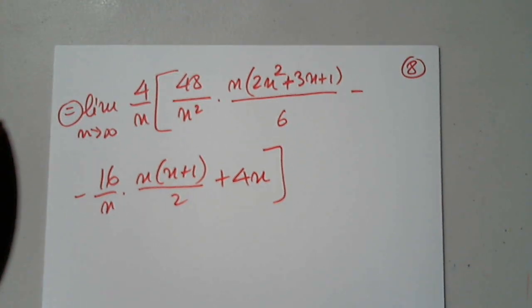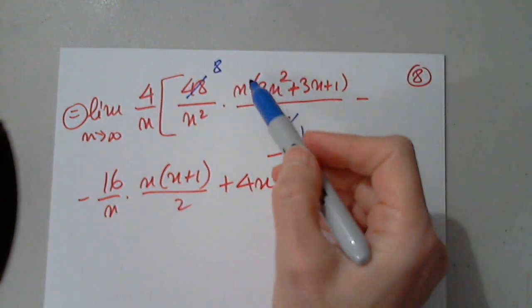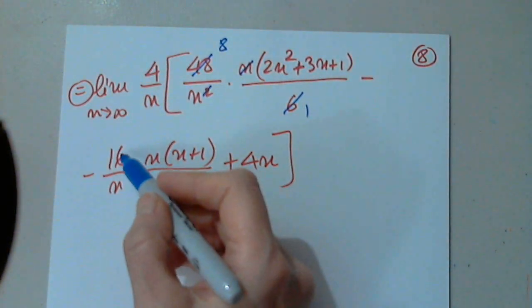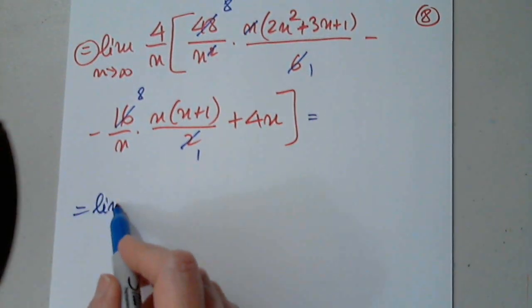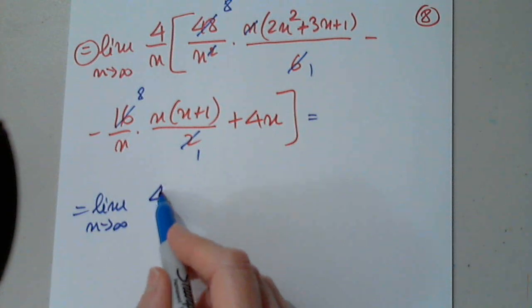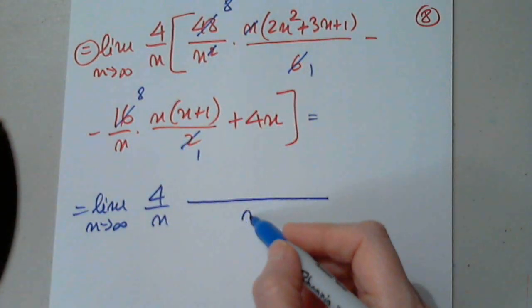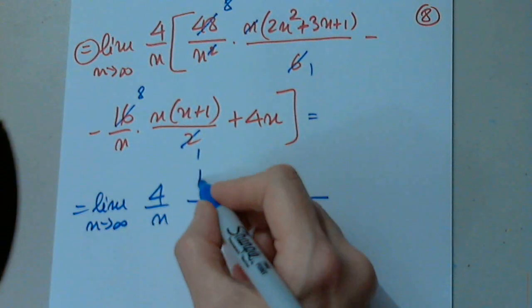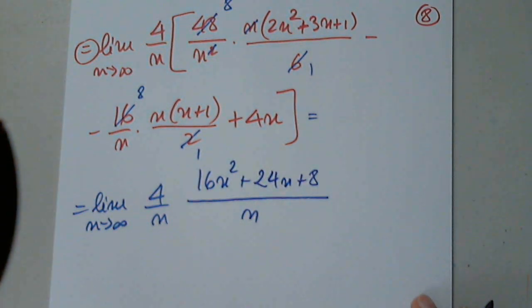So now let's see if we can simplify. An n with an n. A 2 here and 8. So therefore, I have limit n approaches infinity, 4 over n. And as you see, the least common denominator will be n. Now I have to distribute 8 in here, so I have 16n squared plus 24n and plus 8.